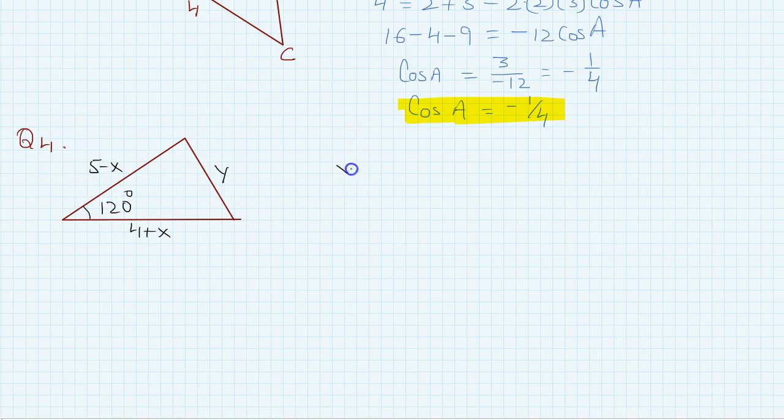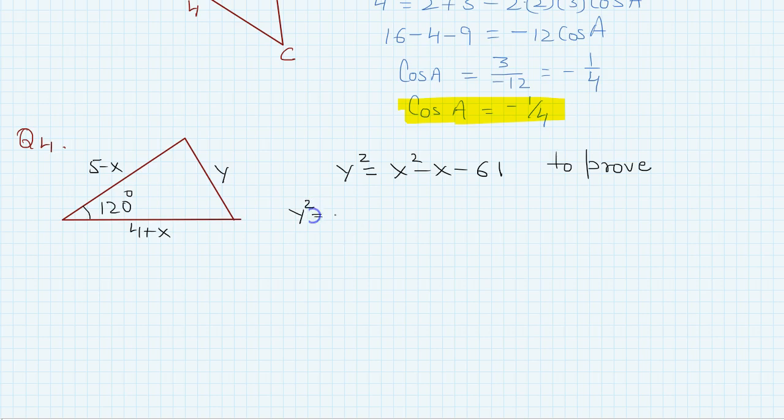Now we have to show that y square is equal to x square minus x minus 61. We have to prove this. All these sides are given, the third side we have to find. Two sides are given and the angle between them is given. So simply we are going to use the cosine formula.